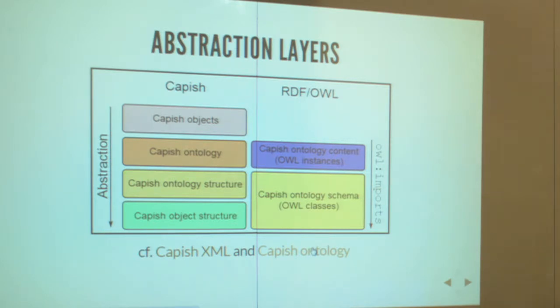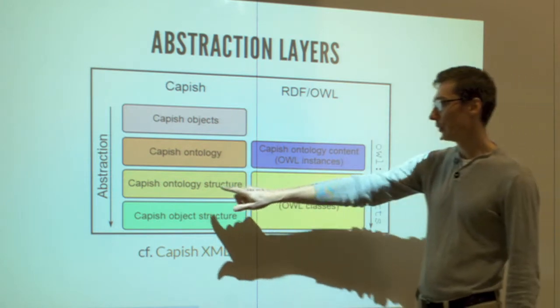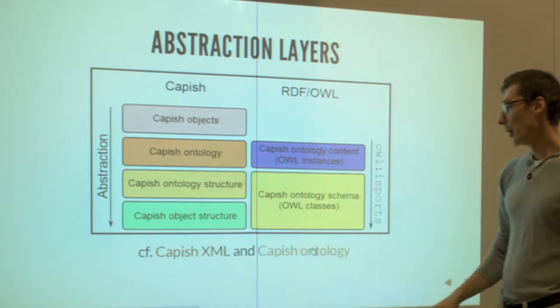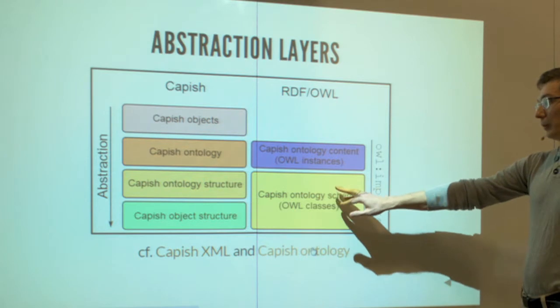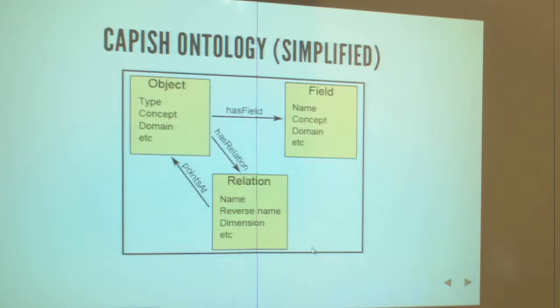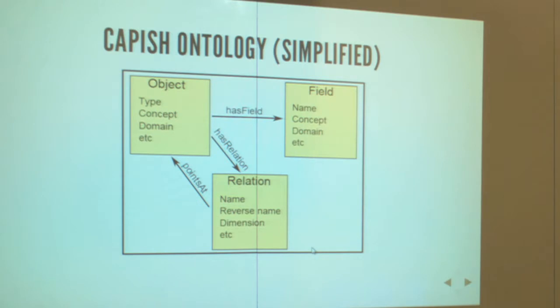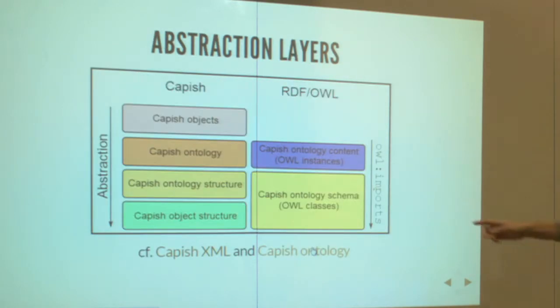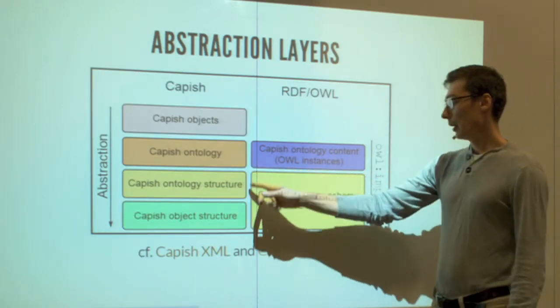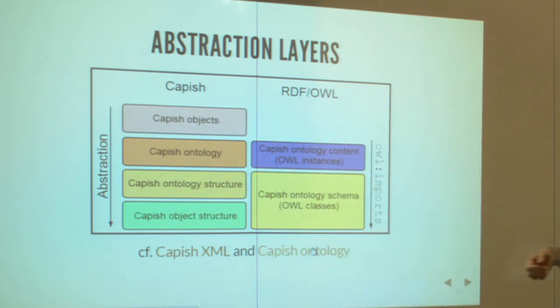Well, quite naturally, actually, we might express this one with OWL directly. We could describe the knowledge essentially with OWL ontology, pure ontology in the sense that it has only classes and properties.